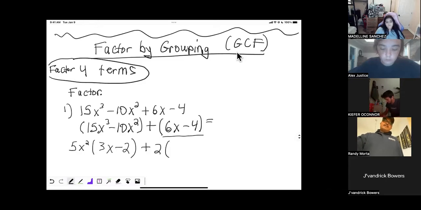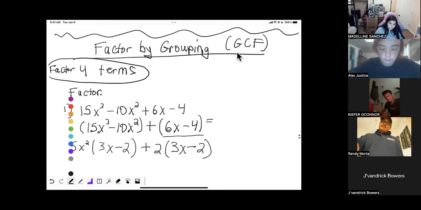In order to take an x out, they all have to have x. So 6 divided by 2 is 3. The x is going to stay because I'm not taking x's away. Minus 4 divided by 2 is 2. And I just factor that.